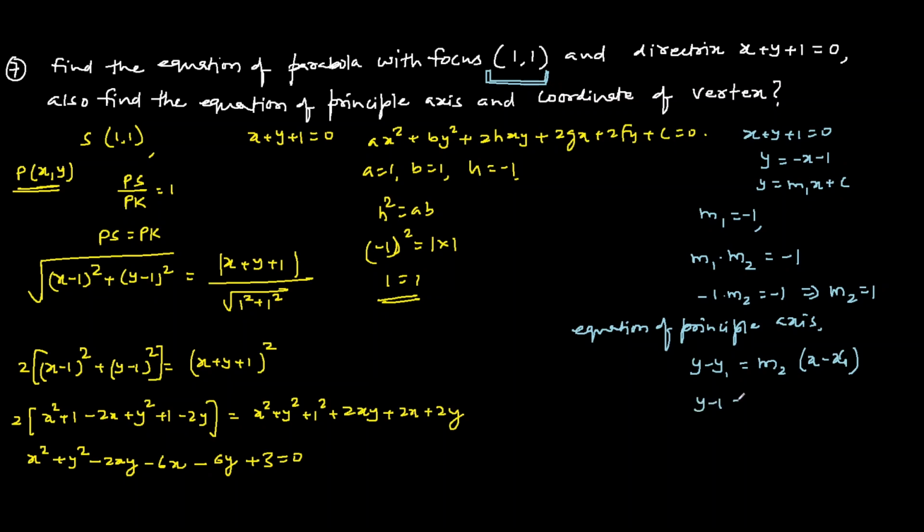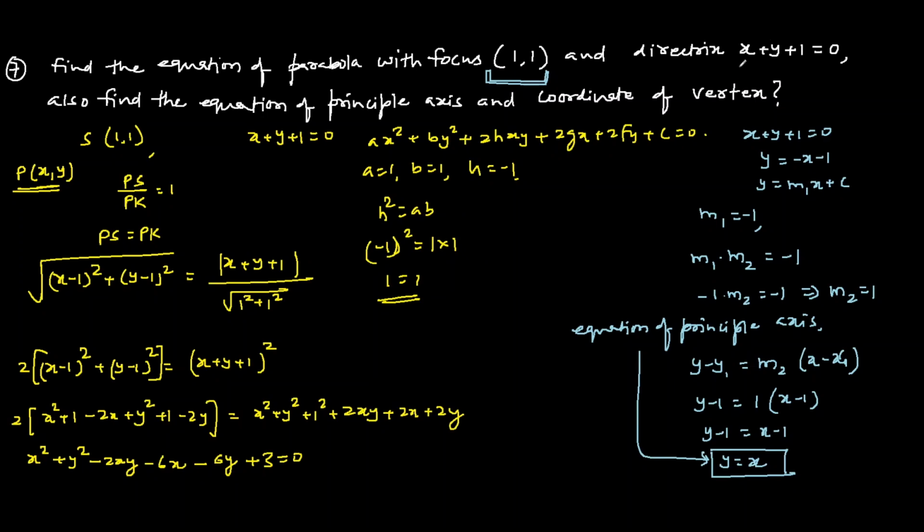So y - 1 = 1(x - 1), so y - 1 = x - 1. So it is simply y = x. This is the equation of the principal axis.